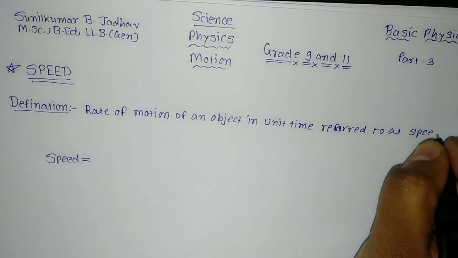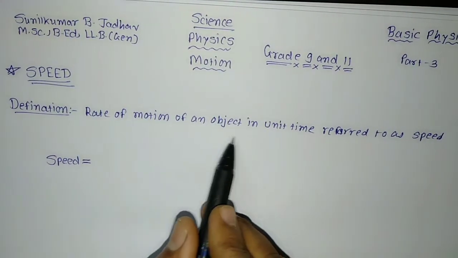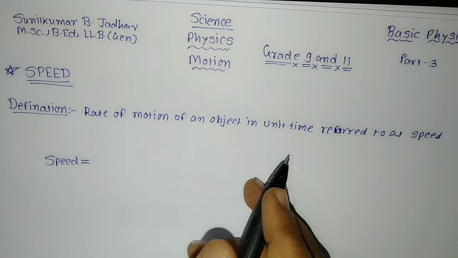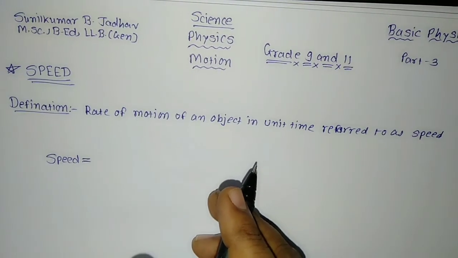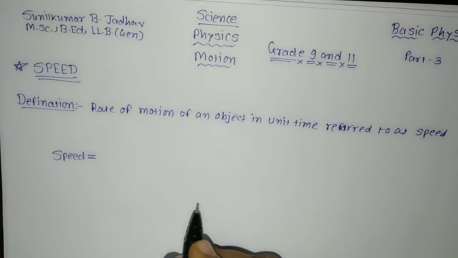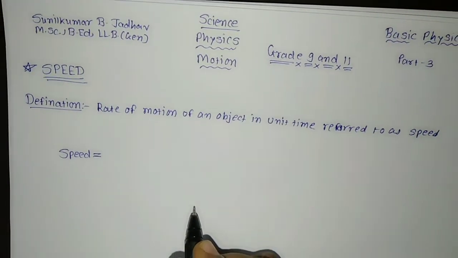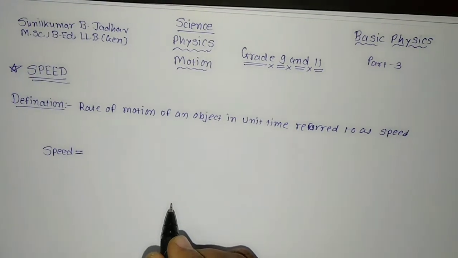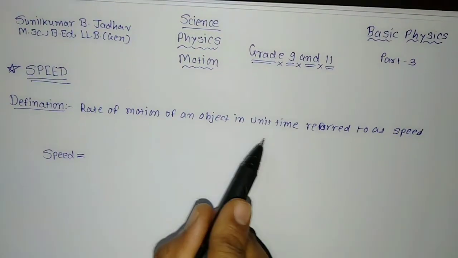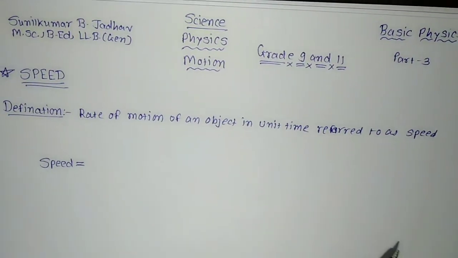I hope you got the definition. Rate of motion of an object in unit time. In different unit times, if an object is traveling at a different speed, or we can say it is traveling different distances in different time periods, that is what we consider the rate of motion of the object in unit time, referred to as speed.